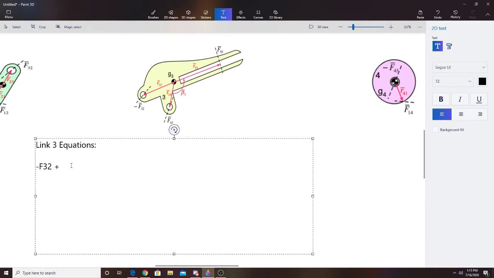F43. Yep. And one more. F53. Agreed. And AG3.